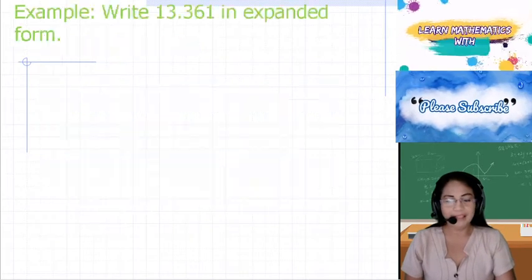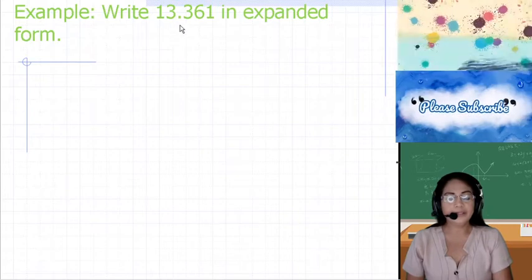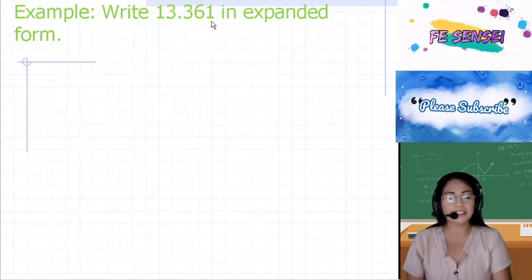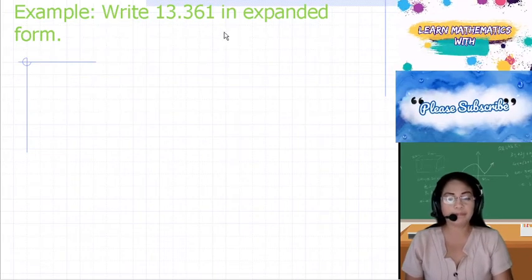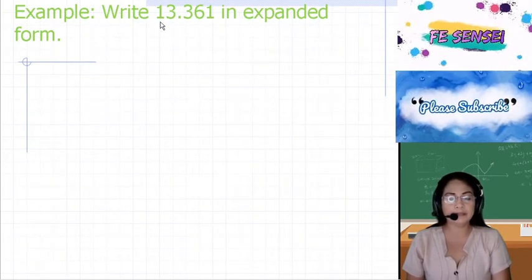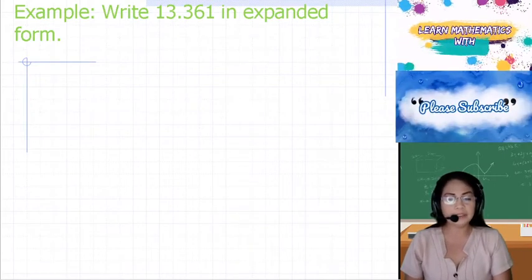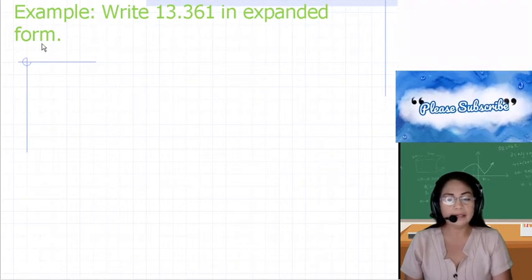Okay, let's try. How to write 13 and 361 thousandths in expanded form? So we have first the whole number. The number in the tens place is 1.